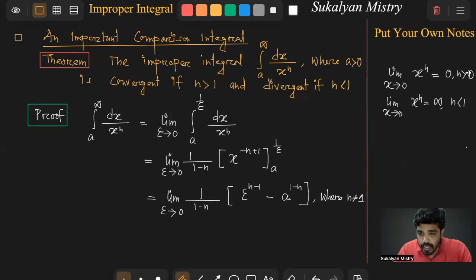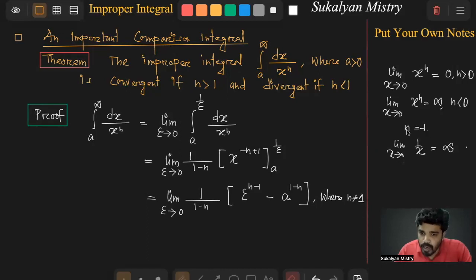So limit x tends to 0 x to the power n equals 0 if n is positive, and equals infinity if n is negative. কেন দেখো, যদি n টা নেগেটিভ হয় তাহলে দেখো 1 by x পেয়ে যাবো. ধরো n এর ভ্যালু আমি কনসিডার করছি, suppose n is equal to -1, তাহলে তুমি কি পাচ্ছ, limit x tends to 0 1 by x, so 1 by x that is 1 by 0, so that is undefined, okay ঠিক.